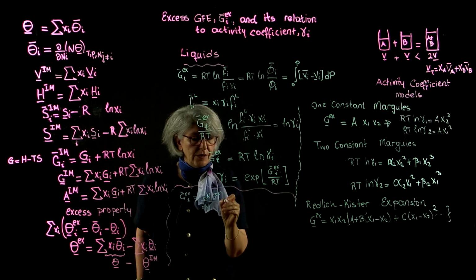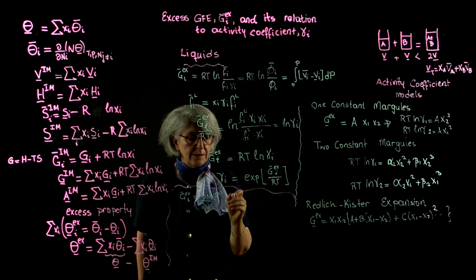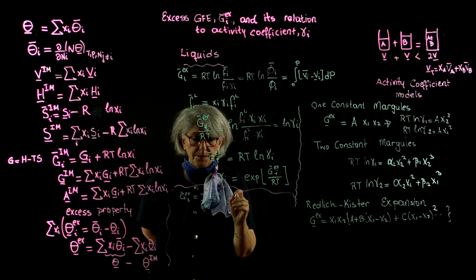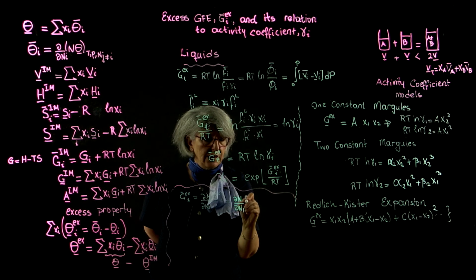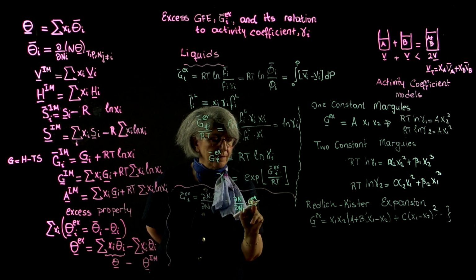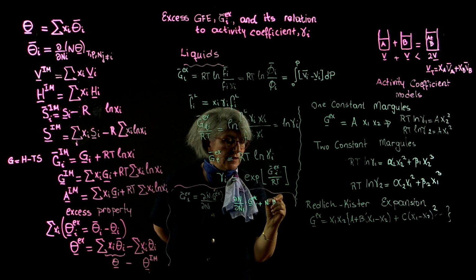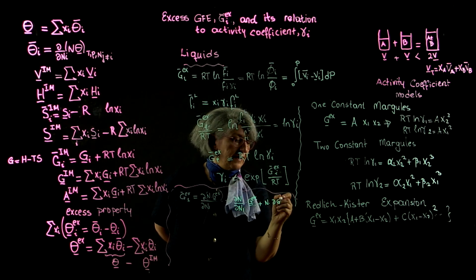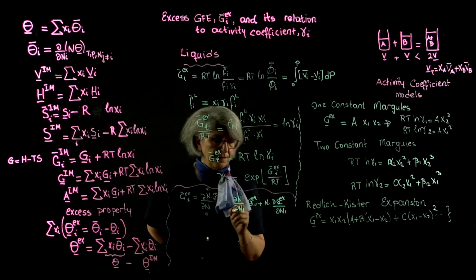So this is going to be equal to, as we have done in the beginning of this recording, del n over del n1 times g excess plus n times del g excess over del n1.